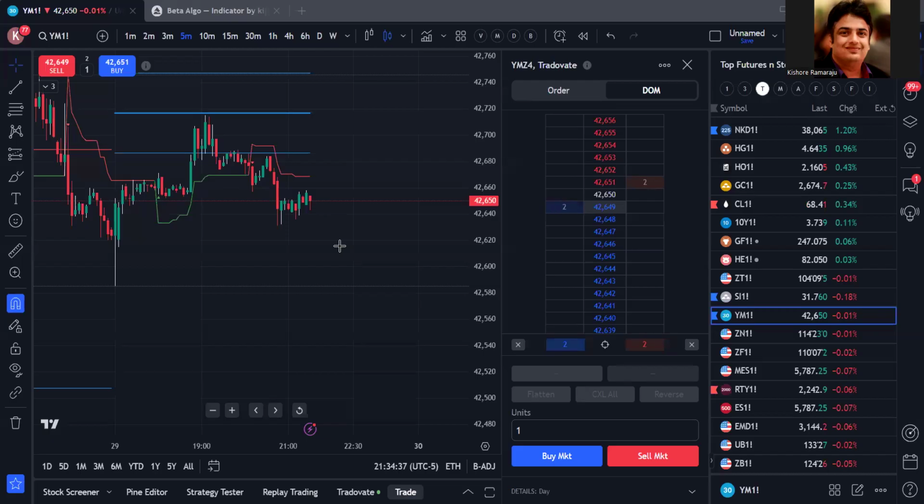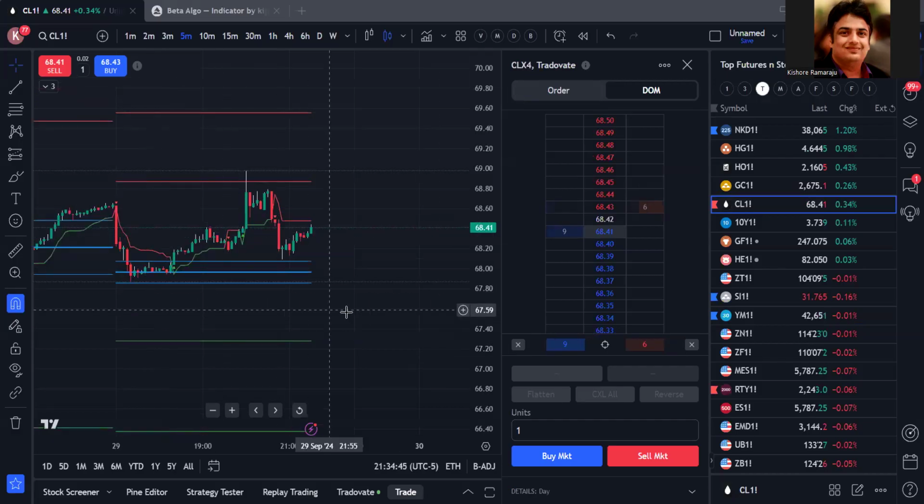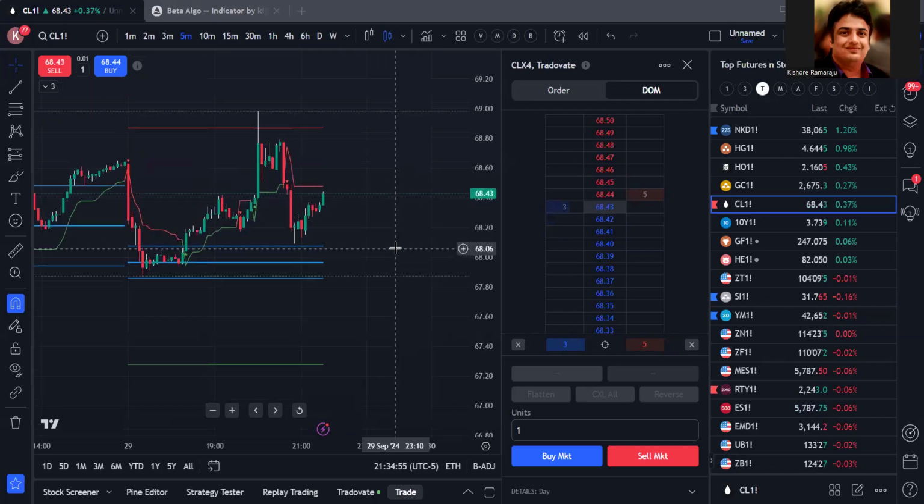Green line in the bottom on the CL chart. Now this is like if price comes here, that is like a support. So if price comes here, price can bounce. These red lines are like resistance. If price goes there, it will come down.